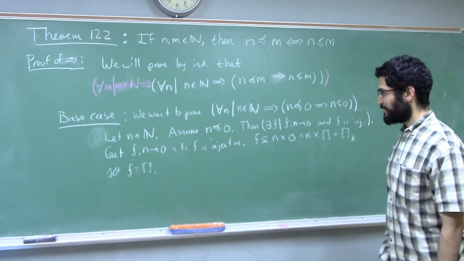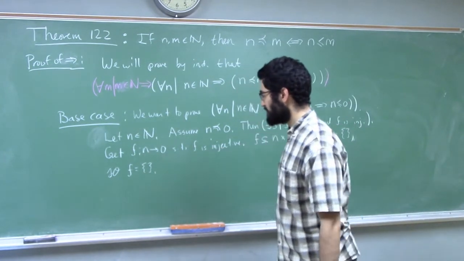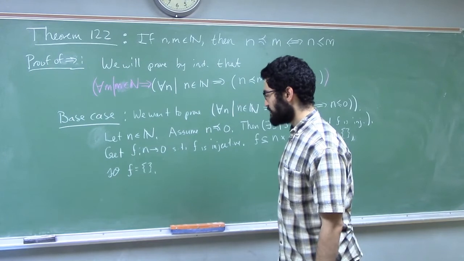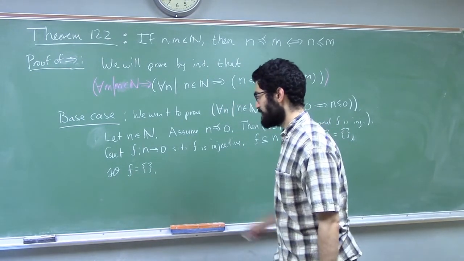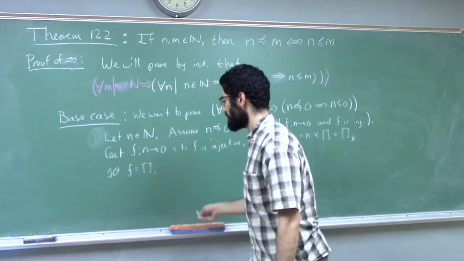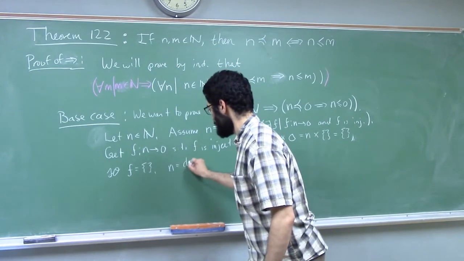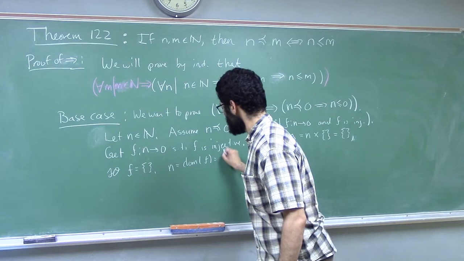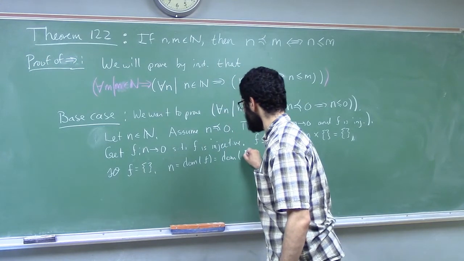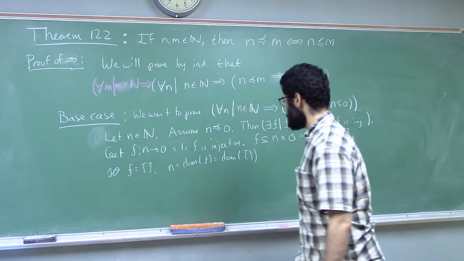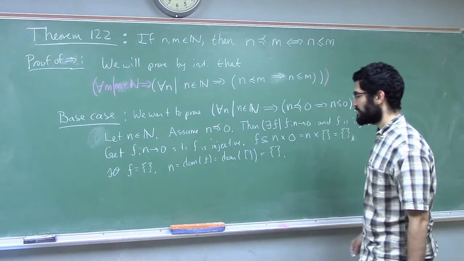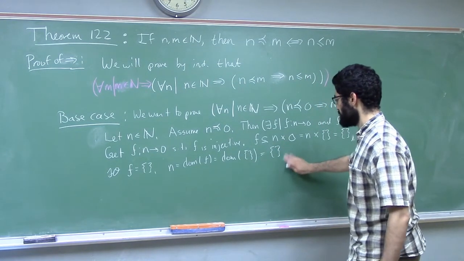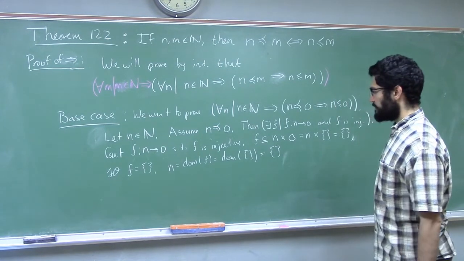All right, well, n is the domain of F. So now we know exactly what F is. We know everything there is to know about it. n is the domain of F, so we know exactly what n is. n is the domain of the empty set. And the domain of the empty set is the empty set. So n is the empty set.